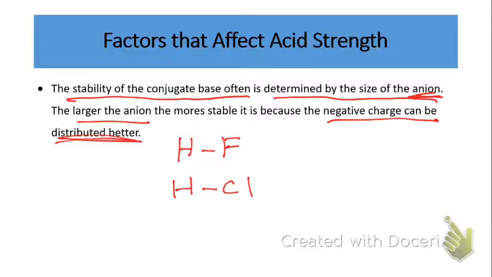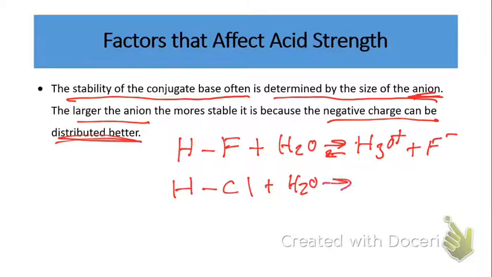So if HF reacts with water, it's going to produce an equilibrium, a weak acid situation, where you're going to have the hydronium ion plus the conjugate base F minus. HCl will react with water, but it's going to be a strong acid, as we mentioned, due to the bond strength, but also, as you'll see, to the stability of the conjugate base. It forms the hydronium ion plus the chloride ion.